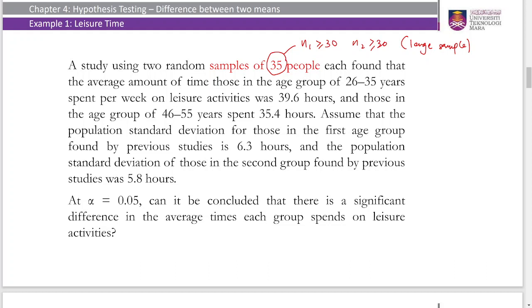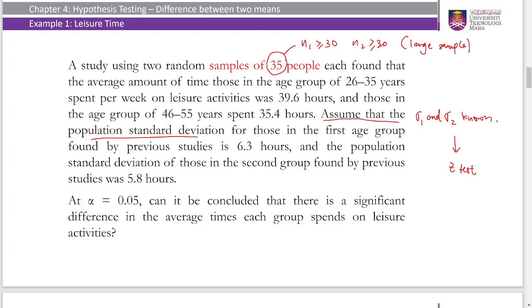So dia kata kat sini, assume that the population standard deviation, so maknanya this is an indicator that sigma 1 and sigma 2 are known. Okay, so bila sigma 1 and sigma 2 known, straight away you know that you can use the Z test, right? And it's given by 6.3 and 5.8 hours respectively.